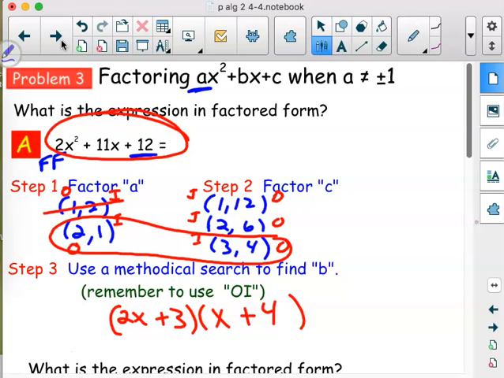So we start by saying to ourselves, how are we going to get first times first to give me 2? How am I going to get last times last, multiplying to positive 12 while somehow adding to positive 11? Now, here's another trick. The book writers know that as math students and math teachers, we're generally going to start with the smallest numbers and go down to the biggest numbers as we make this list.